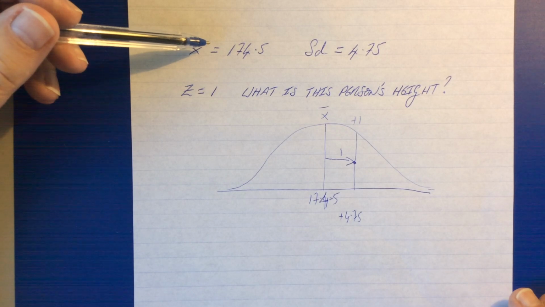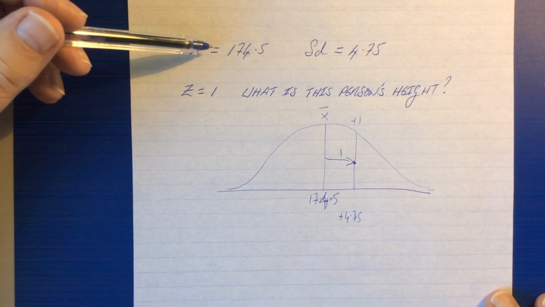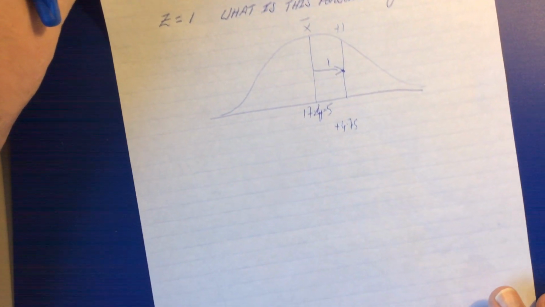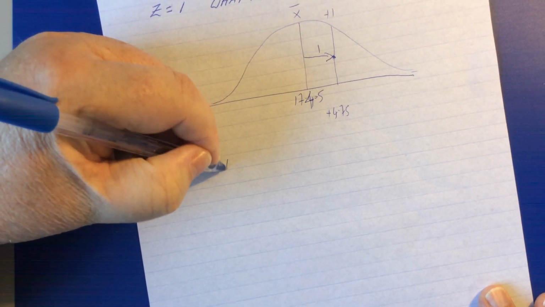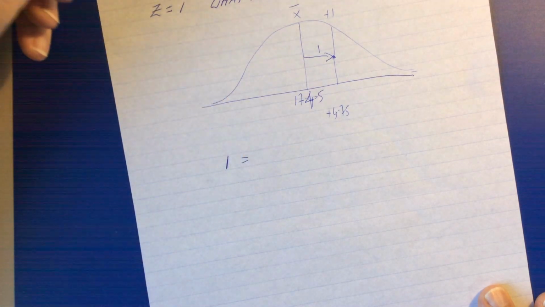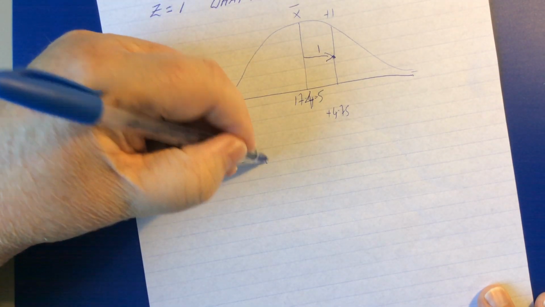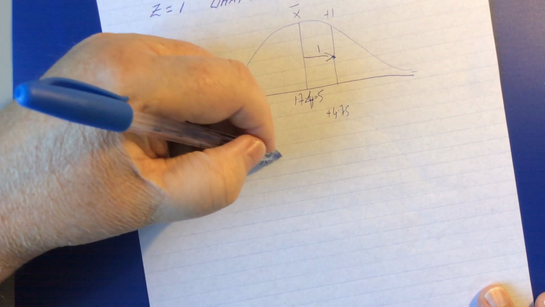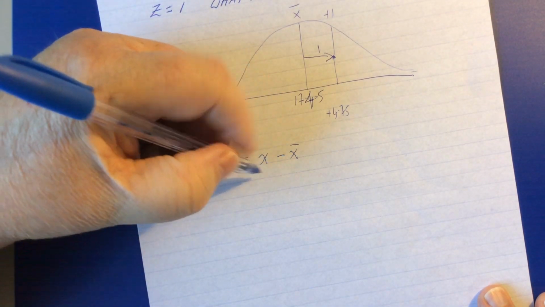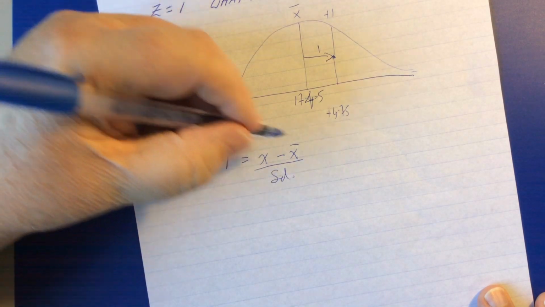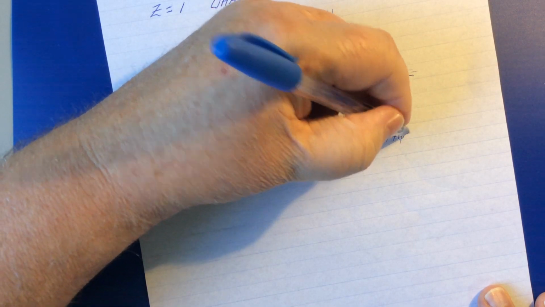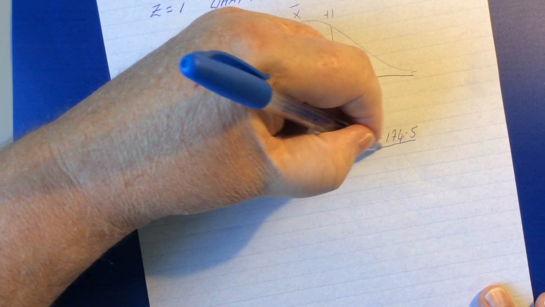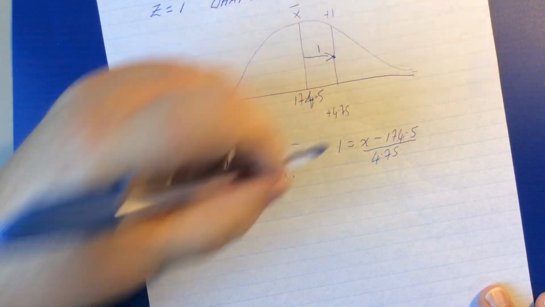The other way of solving this is to put it into the formula and ask your calculator to solve it, or do a little bit of algebra. So the z-score is 1, and that is equal to our value, which we don't know, minus the mean, which we do know, over the standard deviation. So if we sub in those values, we get 1 equals x minus 174.5 all over 4.75.